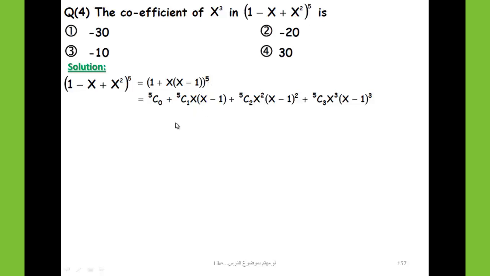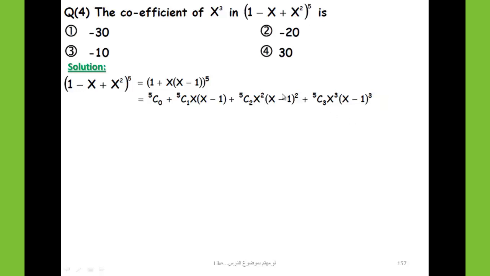So the expansion is 5c0 plus 5c1 x(x minus 1) power 1, here we have 1, plus 5c2 x squared (x minus 1) squared, the second term here is squared, plus 5c3 x power 3 (x minus 1) power 3.